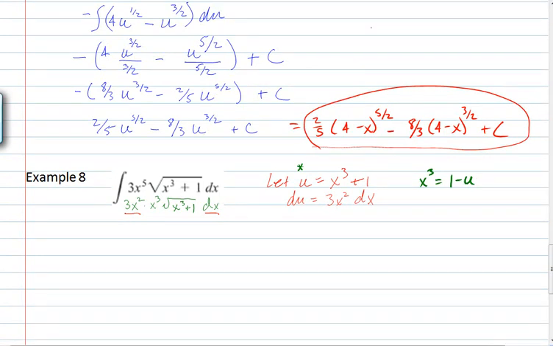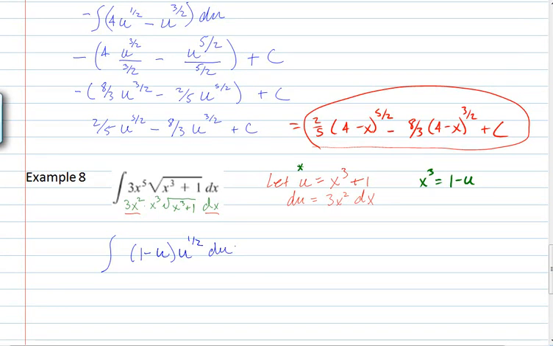So when I set up my integrand for my problem, it's going to be the integral of u times u to the 1/2. Oh, my bad. You're right. I screwed up. It's going to be 1 minus u times u to the 1/2 du.